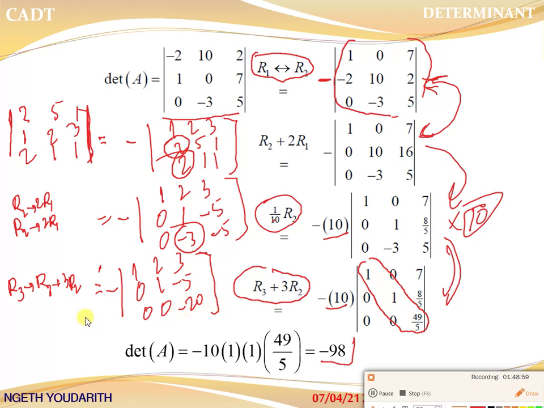So the determinant is minus, equal to minus 1, 1, 1 and minus 20. So it is equal to 20. This determinant is 20. So this is the rule of reduced row when we find the determinant by reduced row. Please remember, when we change the row or the column, the determinant changes sign. If we take a row plus a scalar multiple of a row, it does not change.